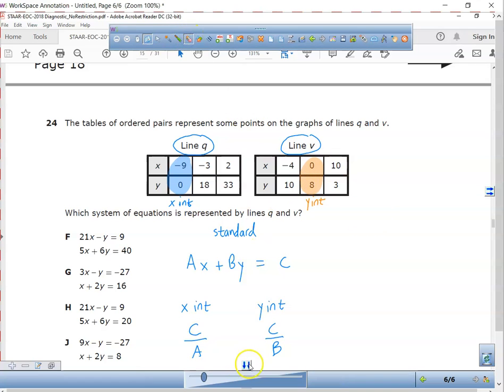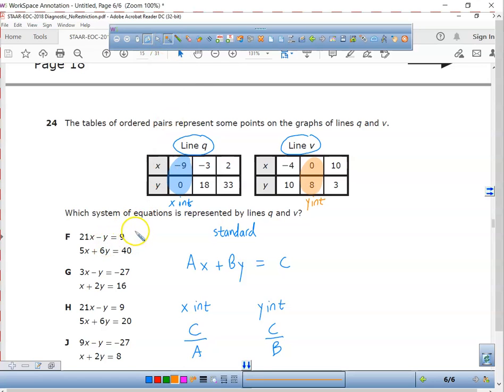Let's cover this up. What's my Y-intercept for answer choice F right there? Anybody want to guess what the Y-intercept is? What does that say? -y equals 9. So my Y-intercept would be at -9. Okay? So here's what we're going to do. Guys, ready?